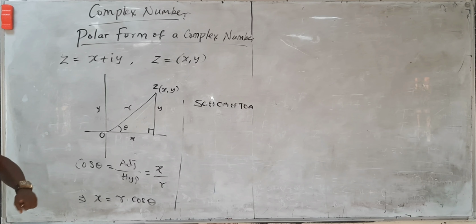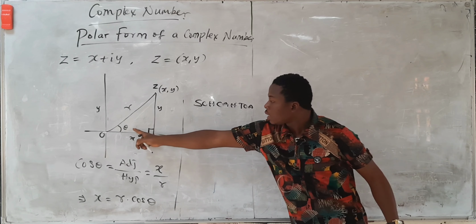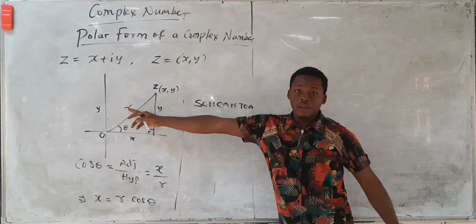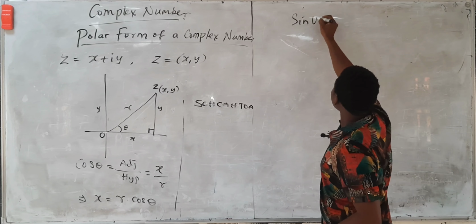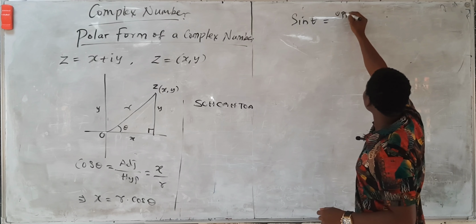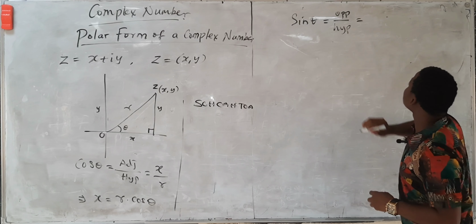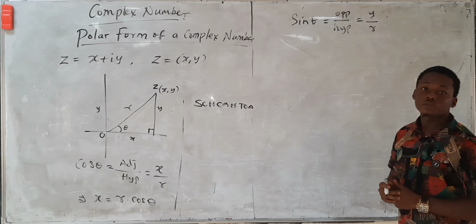We go ahead now to find the value of y. Considering angle theta, y and r, we have opposite over hypotenuse, which is the sine. So sine theta equals opposite over hypotenuse, which is y divided by r.